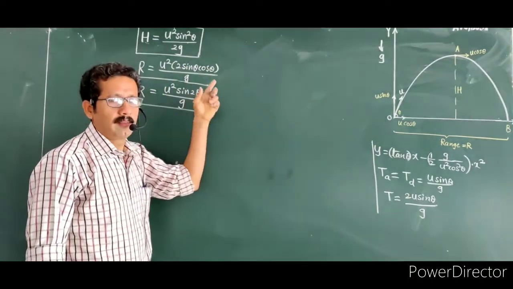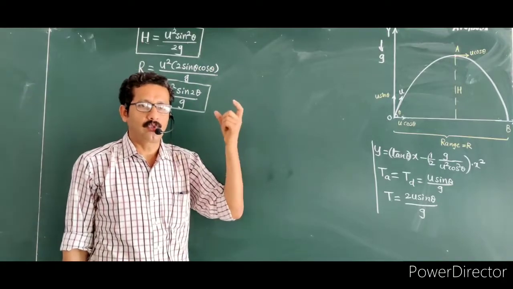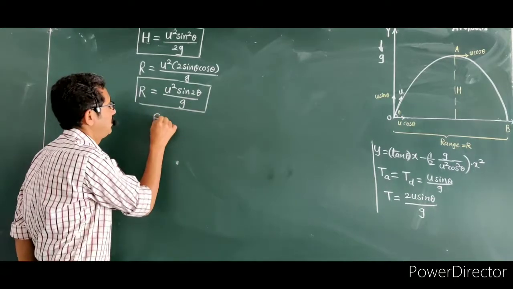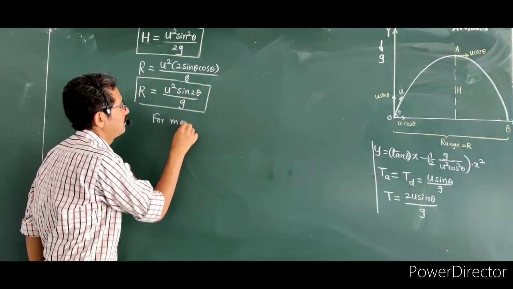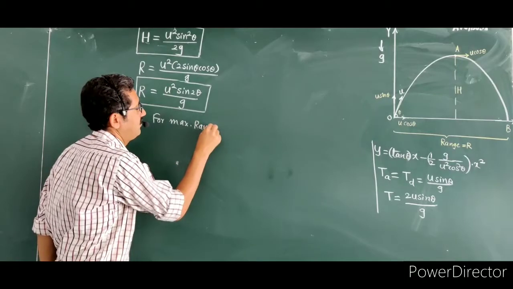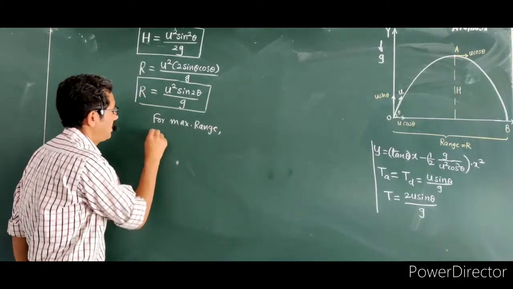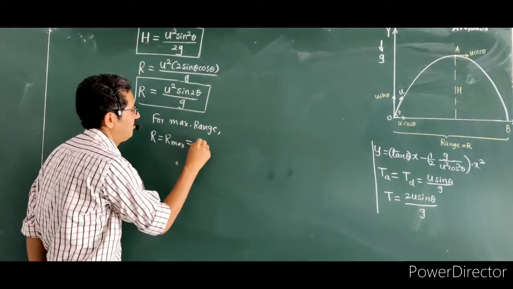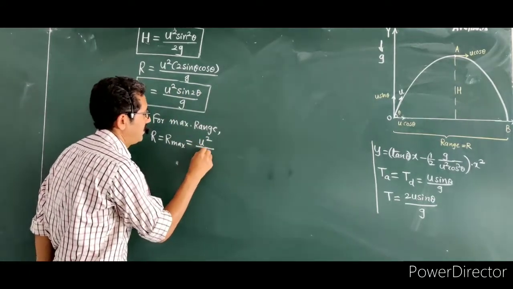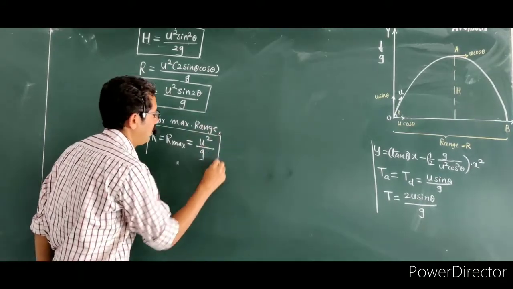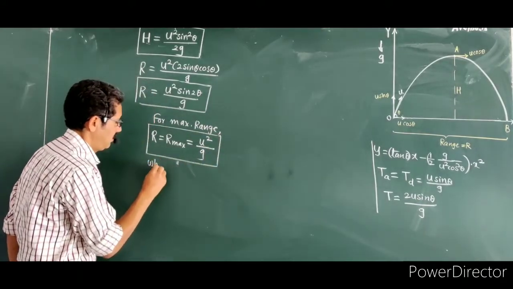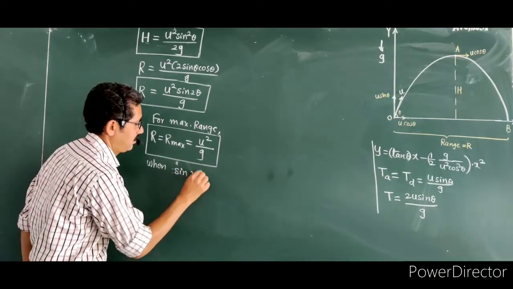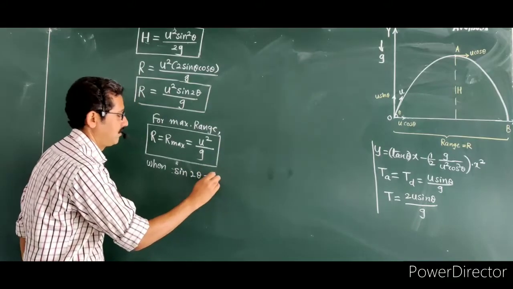The value of sine 2 theta is supposed to be maximum, so I would say that for maximum range you are supposed to have R equal to R maximum, and that can only have the value u squared divided by g, but that is when the sine of 2 theta value is equal to 1.